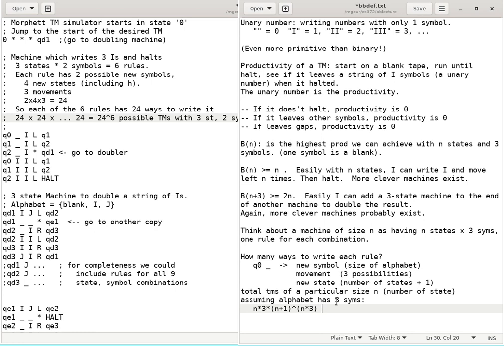All right, and if that result is a unary number, okay, then that's the productivity of that machine.